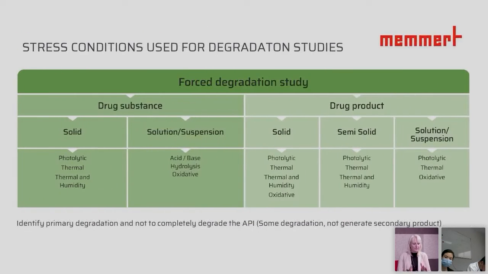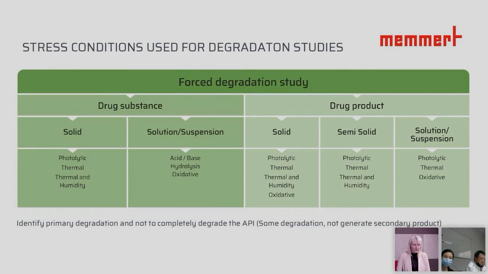Let's go further. Let's have a look again at the forced degradation study. Let's look at the drug substance and the drug product. Drug substance, which could be solid or it could be solution or suspension. When it's solid, then tests will be done in regard to photolytic, thermal, which refers to heat, and humidity.